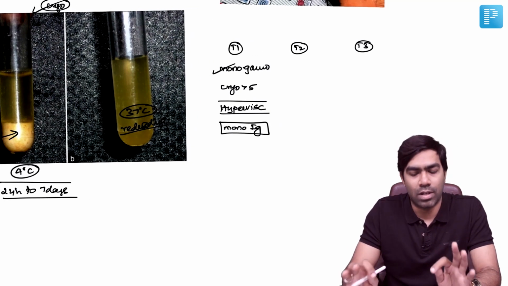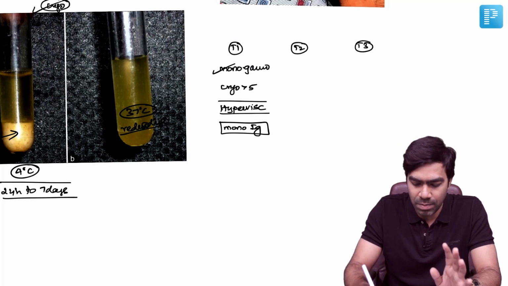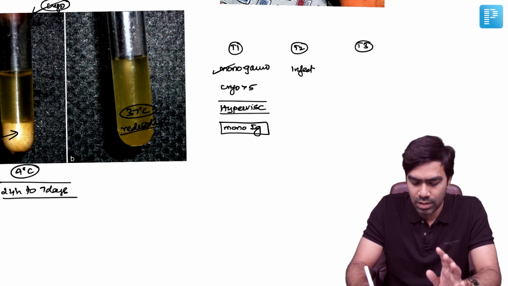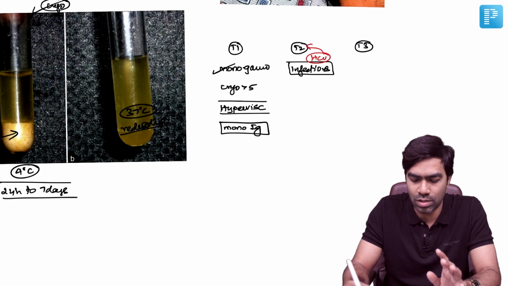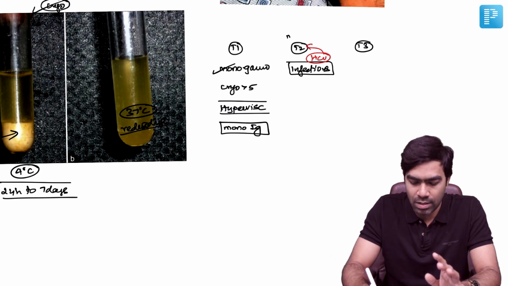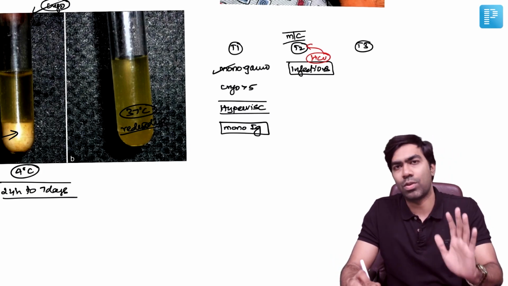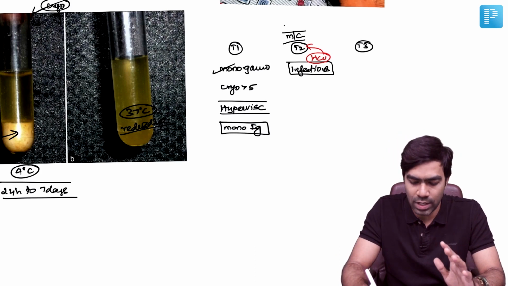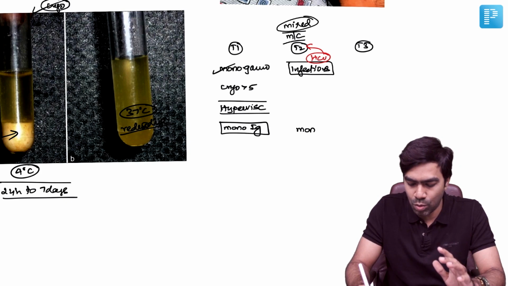And type 2 cryo, on the other hand, will be typically due to infections. Please understand, the single most important infection is hepatitis C virus, and it's going to cause type 2 cryo only. And the most common type of cryo is type 2 cryo only. It's also called as mixed cryo because you're going to see a monoclonal IgM plus a polyclonal IgG.